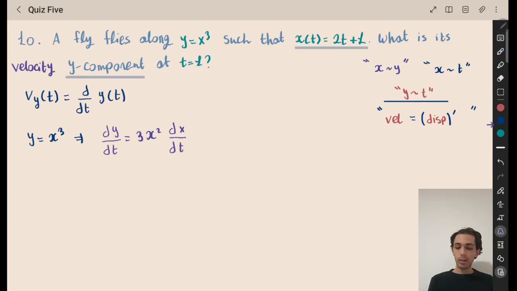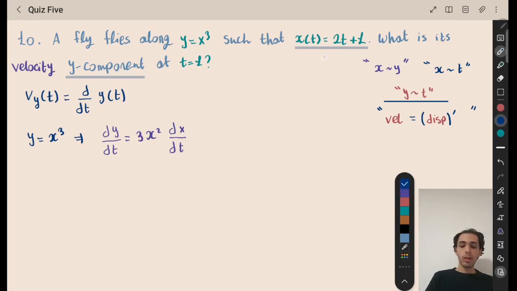Okay, and finally, there's something that we still have not utilized in our construction, which is x as a function of time. Well, here's the catch. Catch it.